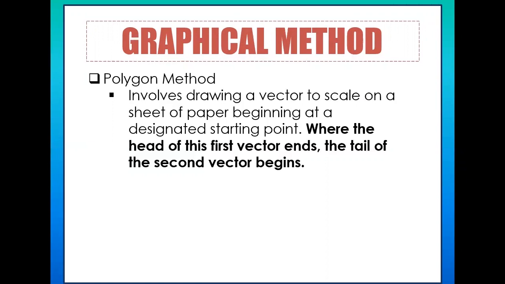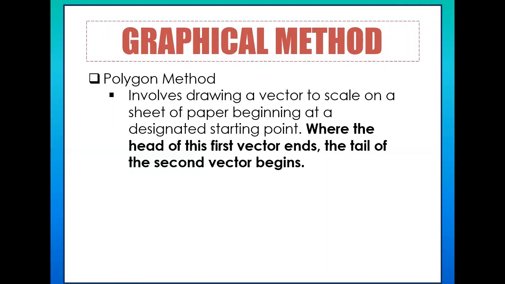So the tail must be located directly at the head of the first diagram. After that, you do the same for the rest of the given vectors. That's the reason why I highlighted here where the head of the first vector ends, the tail of the second vector begins. And that's the reason why we call it the head-to-tail method.